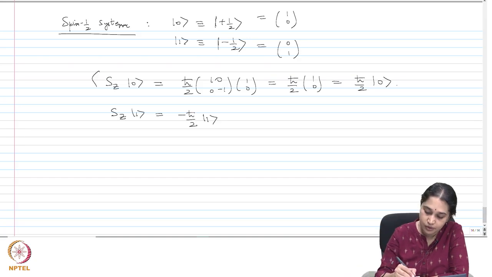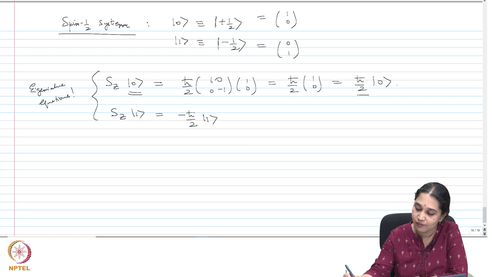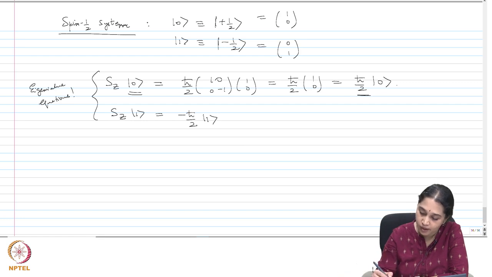But now these two equations are essentially eigenvalue equations. It appears that ket 0 is actually an eigenstate of Sz with corresponding eigenvalue h bar by 2, and ket 1 is an eigenstate of Sz with eigenvalue minus h bar by 2.